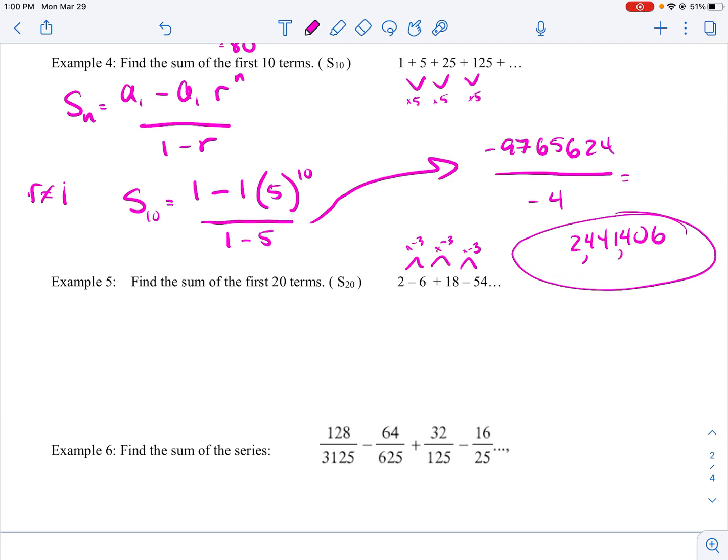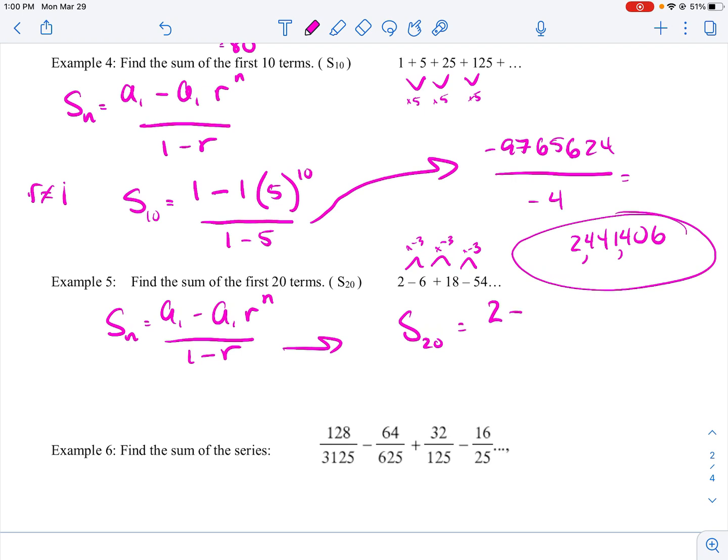It's a geometric sequence, but again, it's a series now because we're adding them all up. Okay? Next one. All right, find the sum of the first 20 terms. Okay? Same process. So here's our formula. All right, so I'm going to substitute anywhere I see an n, I'm going to put a 20.